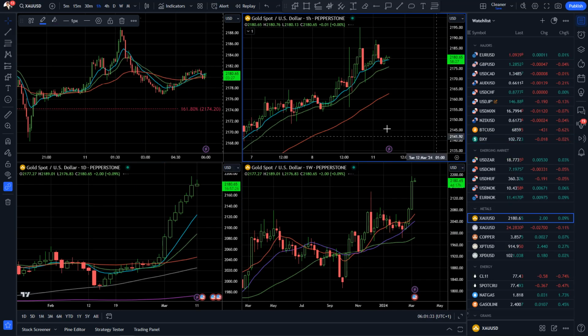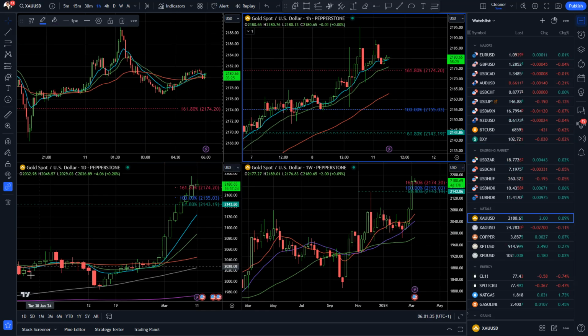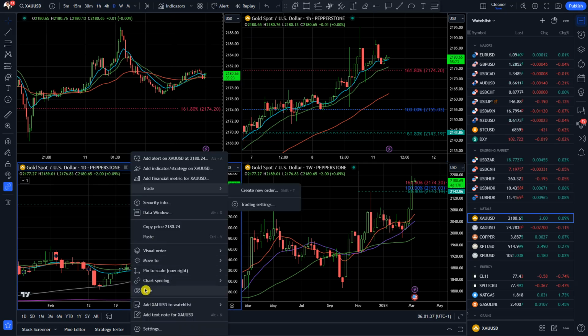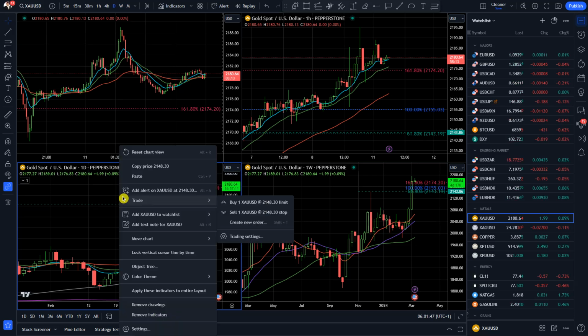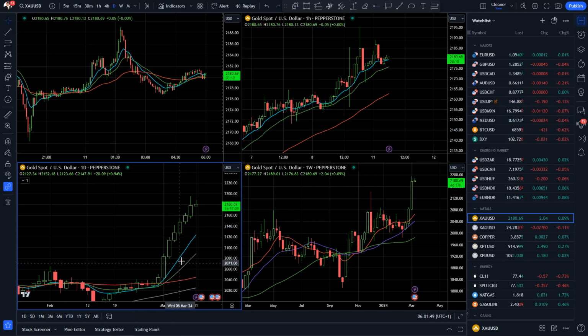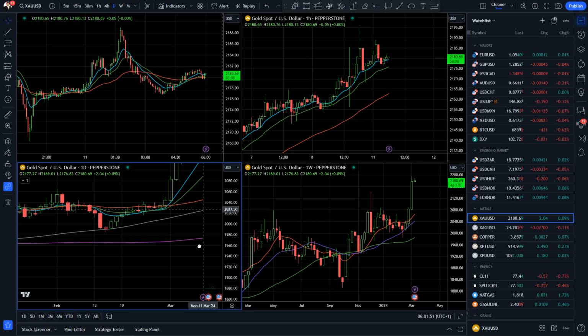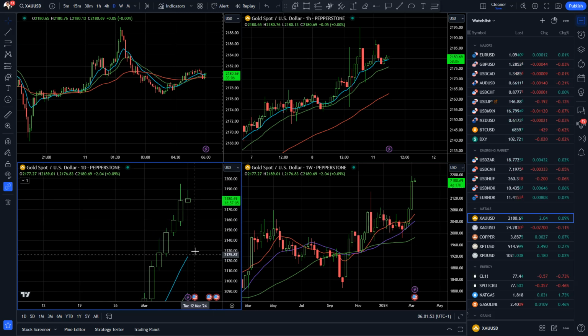Now let's take a look at the gold market. Such a strong run that we had, and the market went almost all the way to the 2120 mark. But on the daily time frame, this is not that strong a close on Friday.